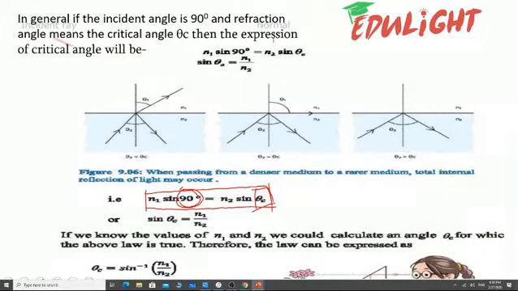So if we do basic interchange and these types of things, then we will get this expression: sin theta c will be equal to eta 1 divided by eta 2.